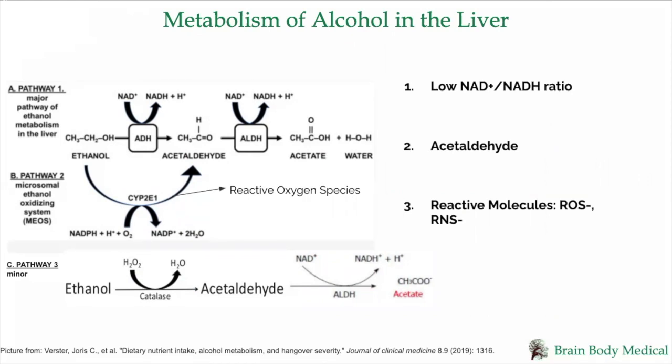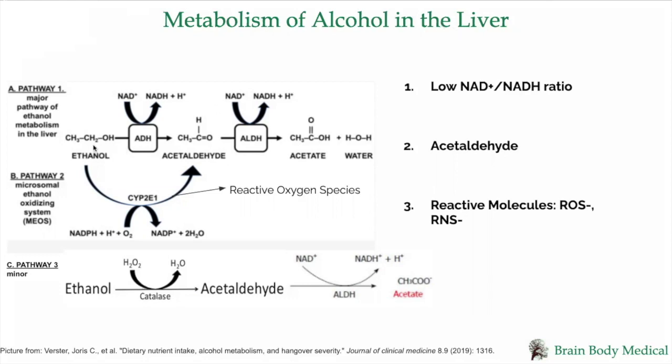So once the alcohol is absorbed, it goes to the liver, and the liver has three mechanisms to get rid of the alcohol. Pathway one is the most common, which is using two enzymes. The first one is alcohol dehydrogenase.